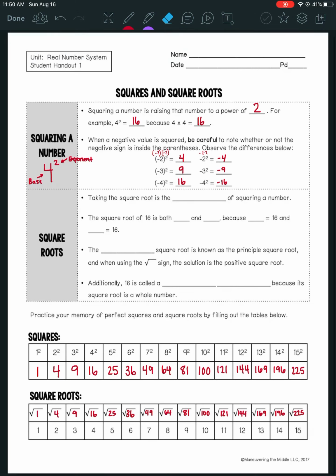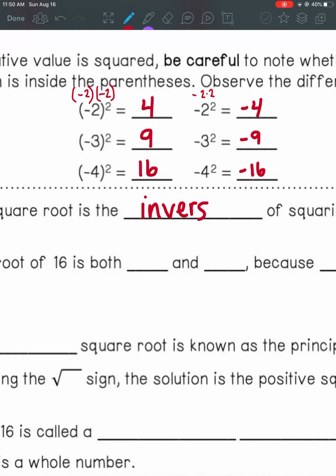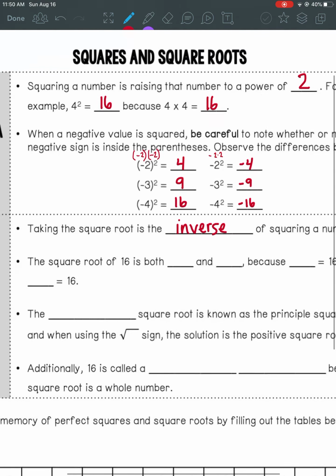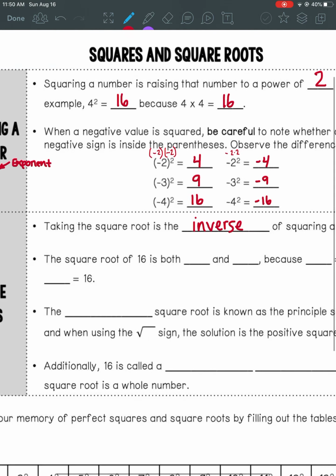Okay, now the opposite of squaring a number is square root. So taking the square root is the opposite, or the inverse, of squaring a number. For example, the square root of 16 is both 4 and negative 4, because the square root means what number times itself gives us the number underneath the square root sign.